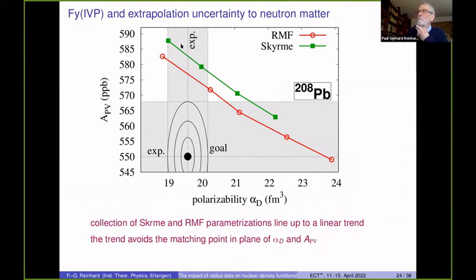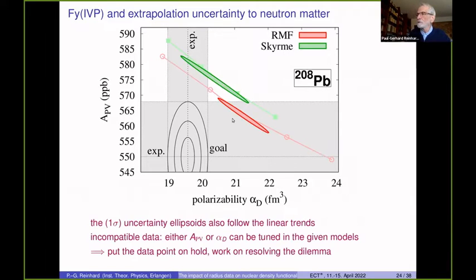And here I take a lot of Skyrme forces I have in my shelves, and a lot of relativistic models I have in my shelves, and draw them in that plane, picking only a few of them to make it better visible, with systematically varied symmetry energy. And they all line up nicely, but none of them hit the goal. They systematically avoid the goal.